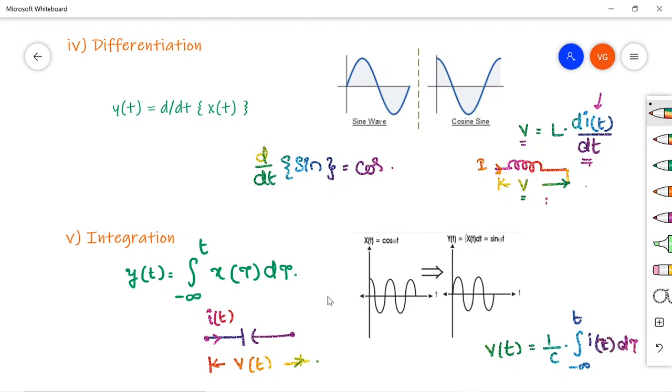So to calculate the voltage across the capacitor, as we know, this is the formula. We need the integration operation on the current signal that is flowing through the capacitor. So in such types of calculations, we'll be using this integration operation.